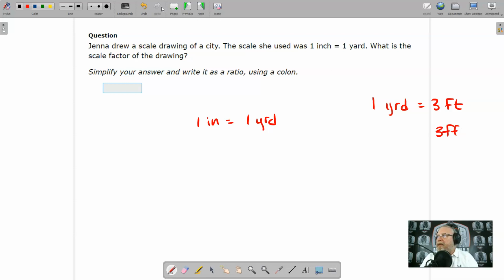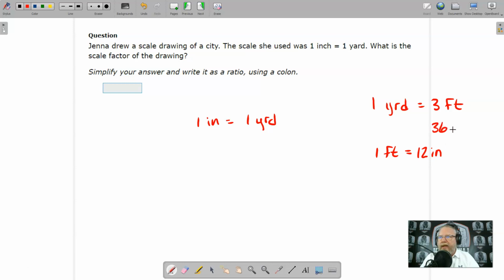So let's go with this. Now, what do we know about feet? We know that 1 foot is equal to 12 inches. So if we have 3 feet, then it must be 12 times 3, right?